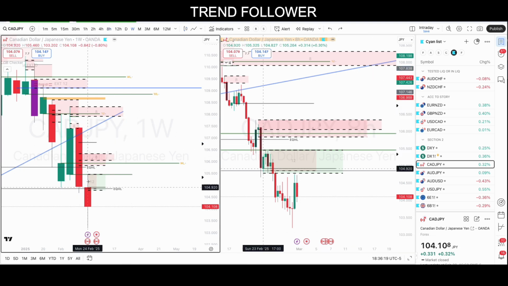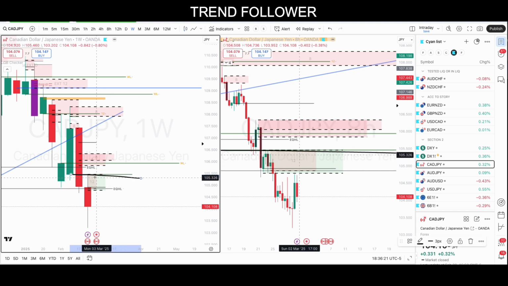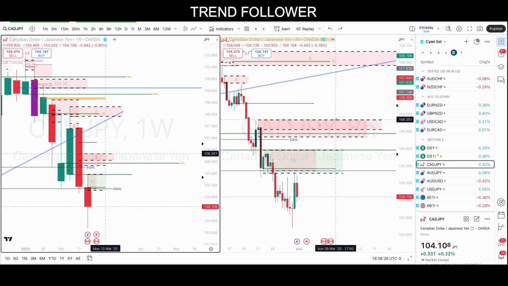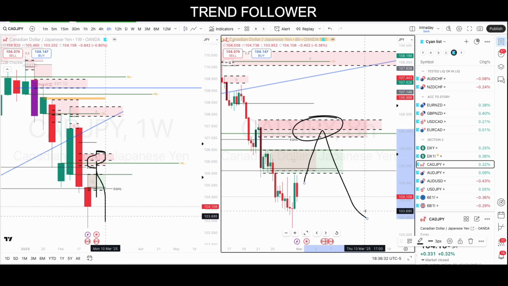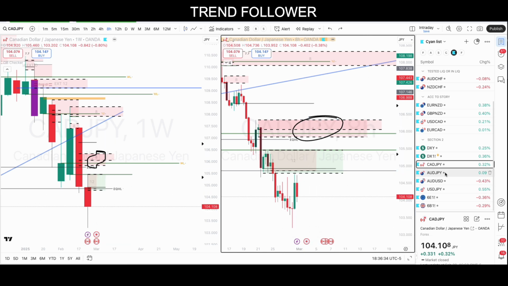It didn't. So either you can get a rejection right here for a quick scalp, but ultimately I love this zone on CADJPY. If there's a big bounce, I would rather short it here. So that is CADJPY.